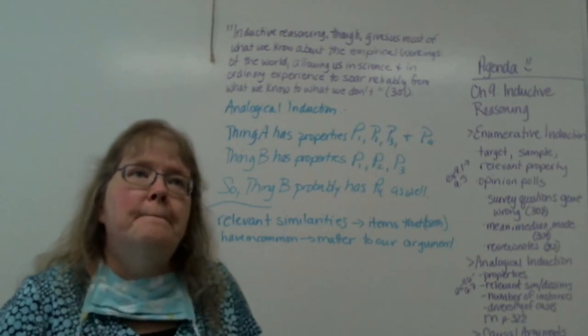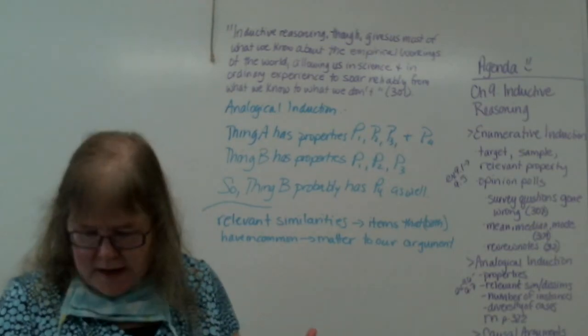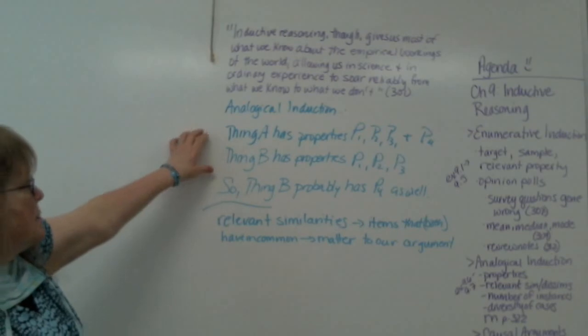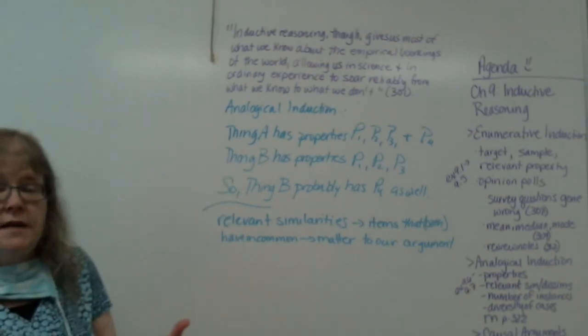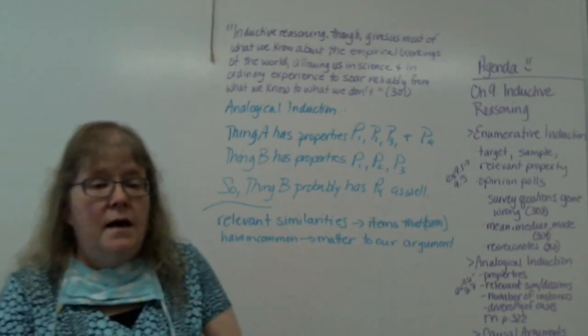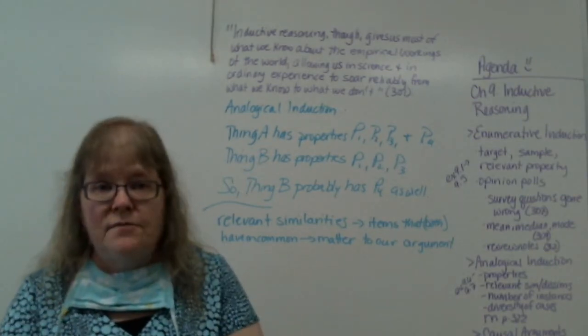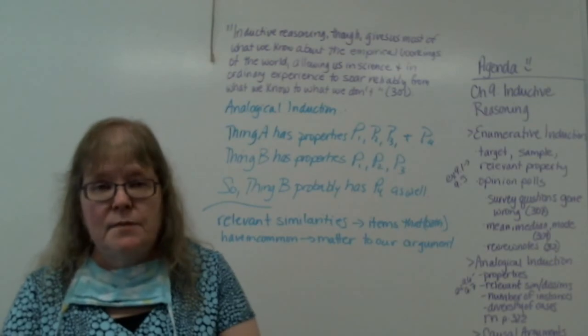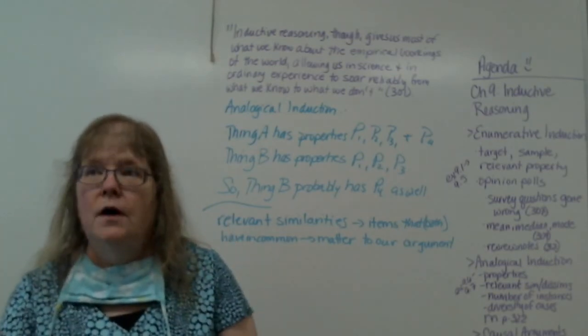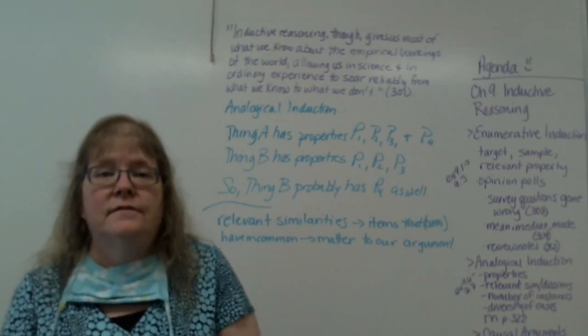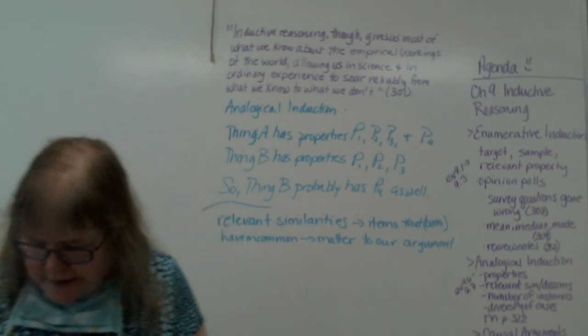Well, what do we know? Are those similarities relevant to the tail thing? Well, we did mention DNA. We did mention they're a class of mammal. They have very similar DNA, and these other things are true too. Is that enough? Well, we'll find out here in a little bit.